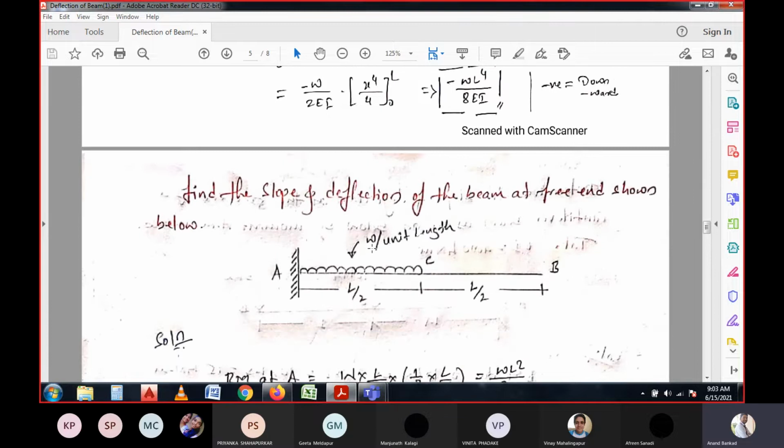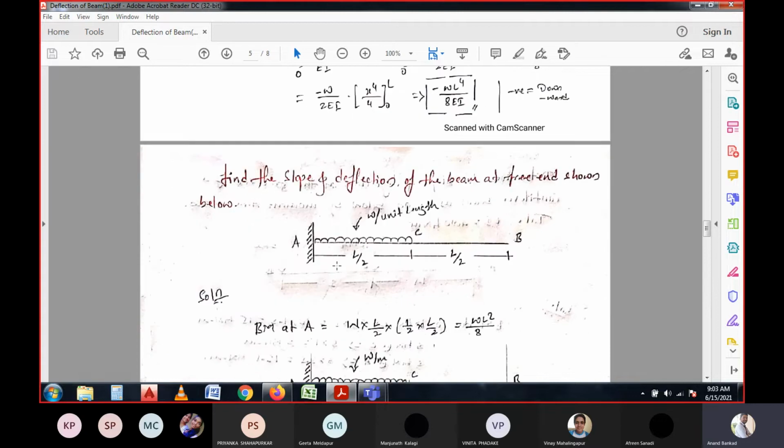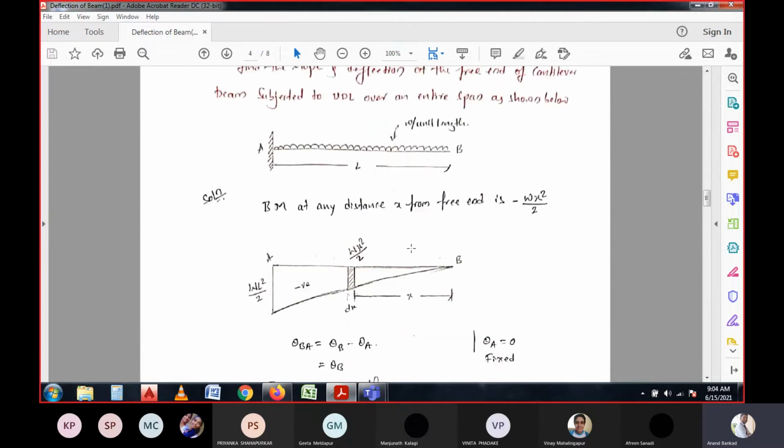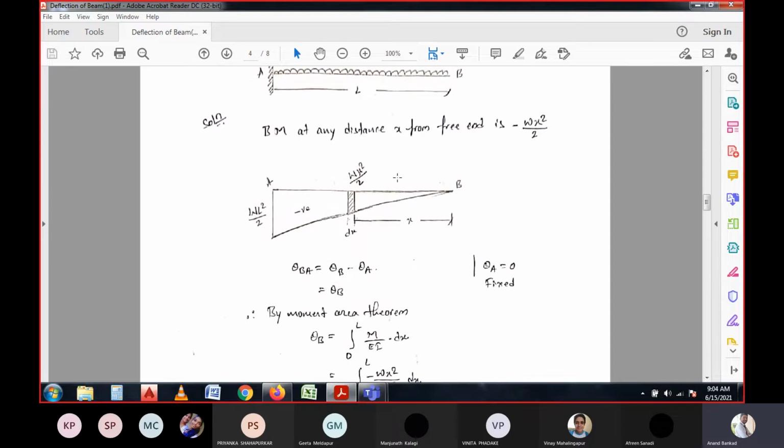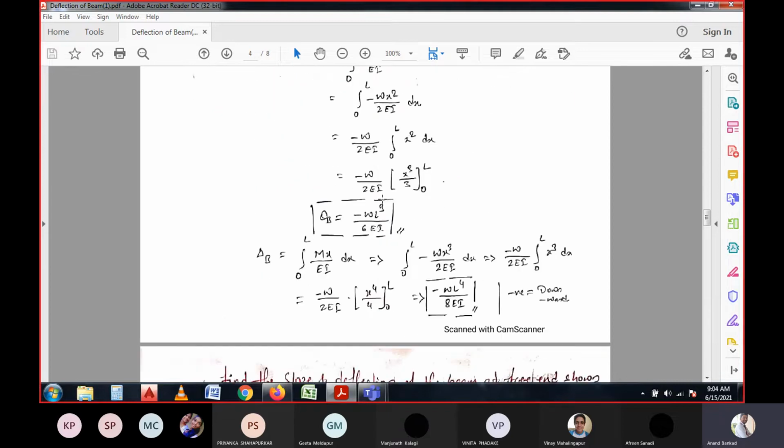At the same time, if the slope and deflection of the beam are to be calculated for half of the span carrying a uniformly distributed load. In the previous class, the uniformly distributed load was over the complete span, but here it is only from A to C. In the previous class we considered the total length; the UDL was on the whole span, and that is what we calculated for slope and deflection.